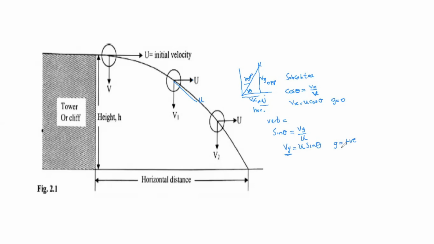In this particular order, you need to understand that when you are resolving along the vertical axis, the V becomes U sin theta, and along the horizontal axis, Vx becomes U cos theta. Then when the object is projected, the horizontal component at the top, before coming down, is zero before it begins to change.